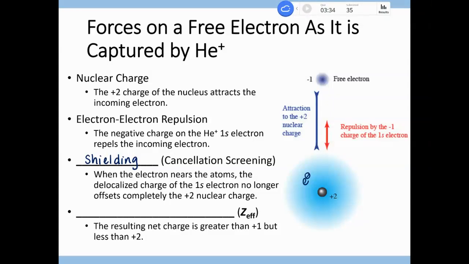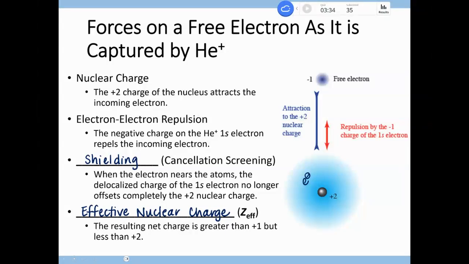And so the resulting charge that we have here, we call the effective nuclear charge. The nuclear charge that can be felt by that second electron is not a full +2. It's still greater than +1, but less than +2 because of this other electron causing some repulsion to that second electron.